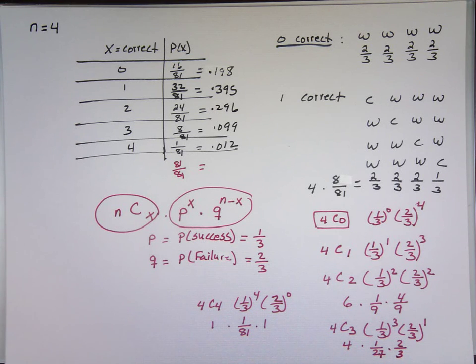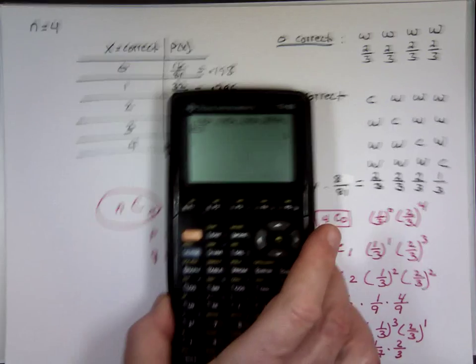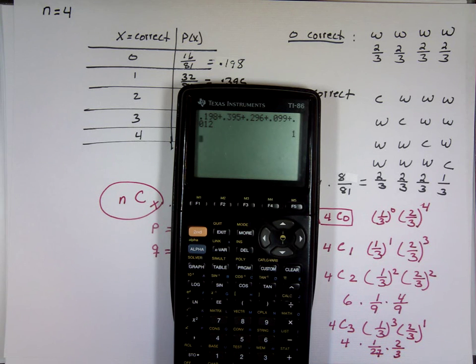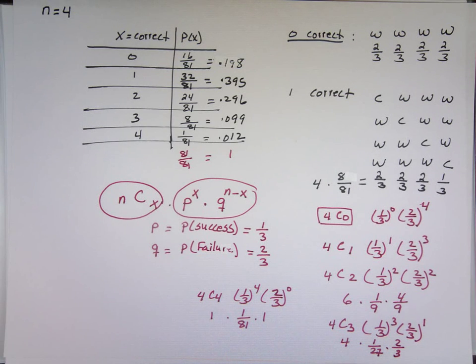Oh, I end up with 1 actually, with the rounding. I got a 1. No fudging the numbers. But a lot of times you end up with 0.99, 0.98, 1.01. That's fine.